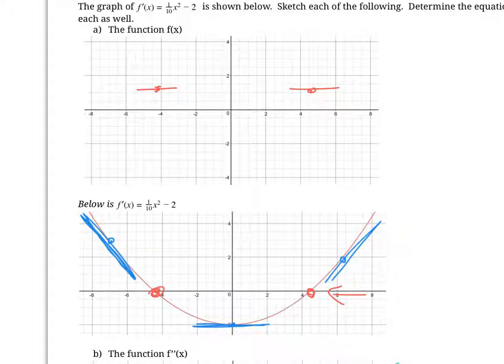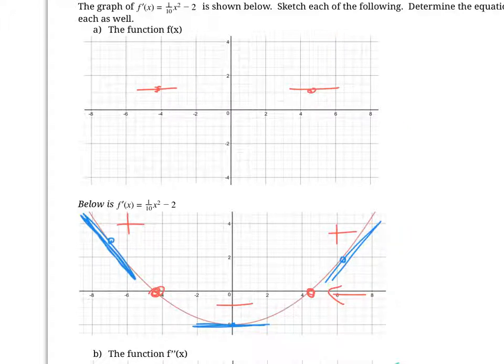Again, this is just to get an idea. The other thing is, where is this derivative graph positive and negative? Well, it's positive here, it's negative here, and it's positive here. What does that mean in terms of our function? Well, it means our function has a positive slope in this region, a negative slope in this region, and a positive slope in this region.